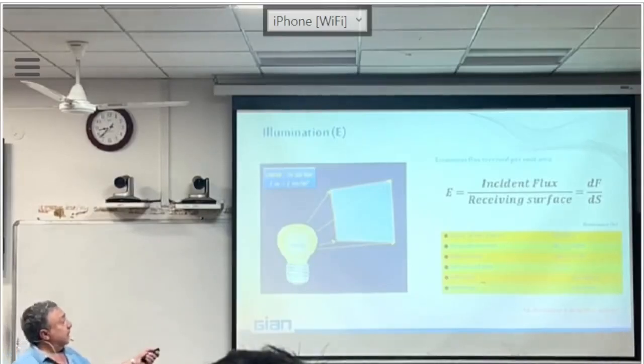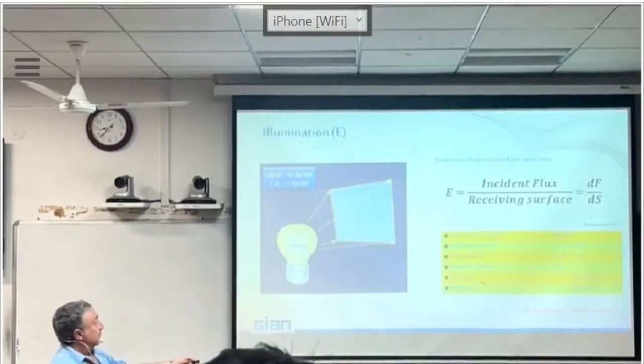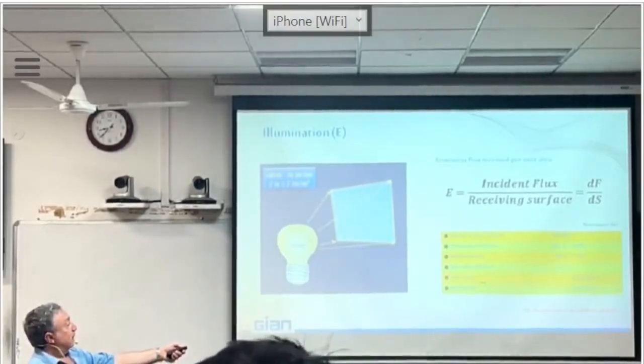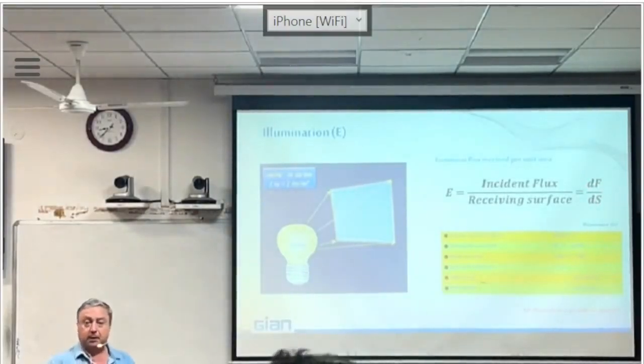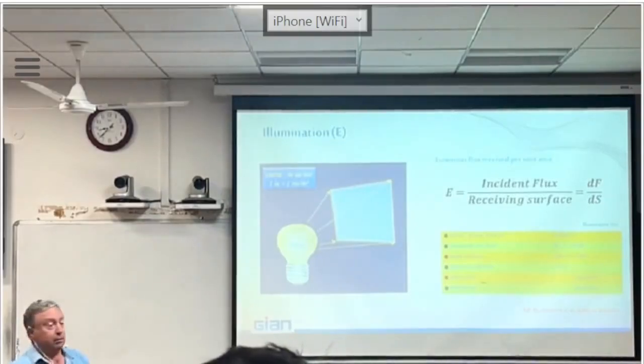Illumination. Illumination is the ratio between the flux on a surface divided by the surface, and more precisely dF over dS, a differential equation again. Some orders of magnitude.